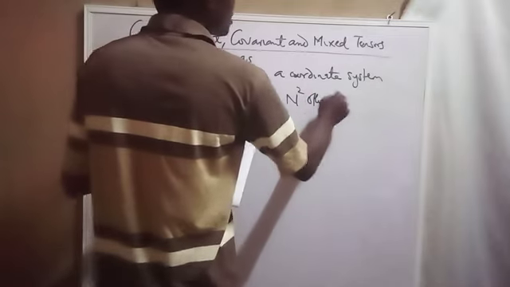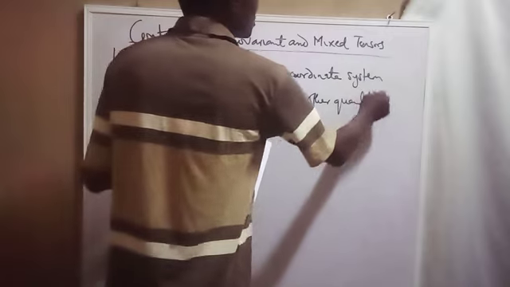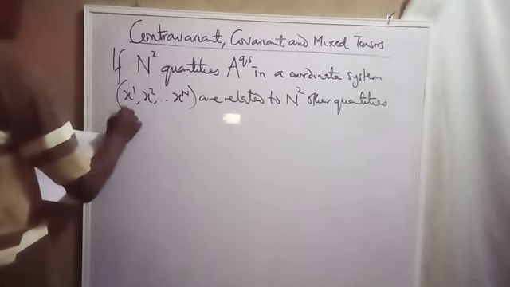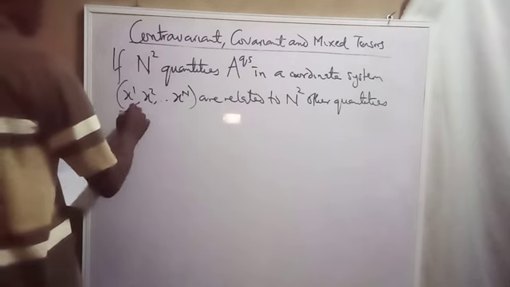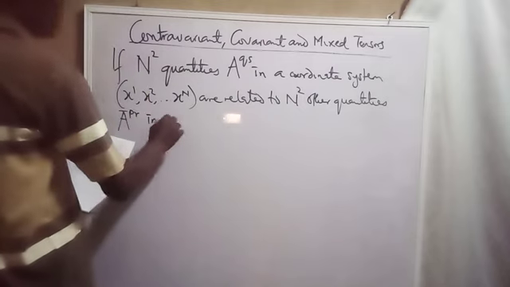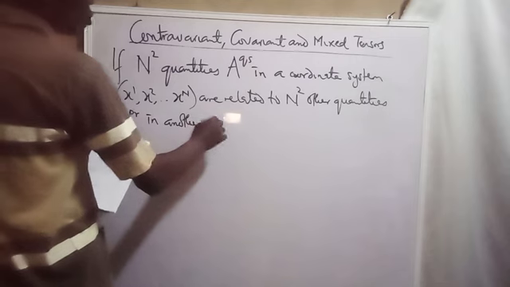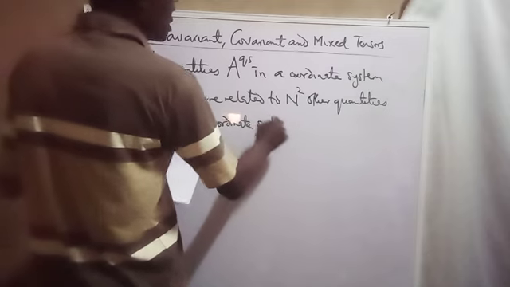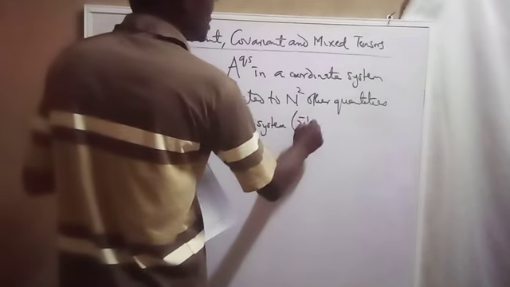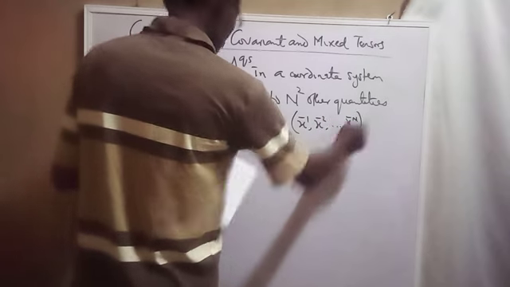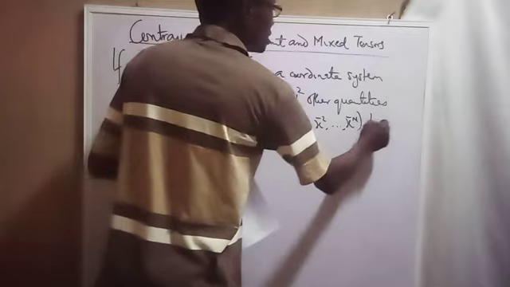This time around, not n quantities alone, other quantities, unlike in the previous examples. That one is what? A bar^{PR} is still superscripted in another coordinate system, x bar 1, x bar 2, and so on up to x bar n, by the transformation equation.